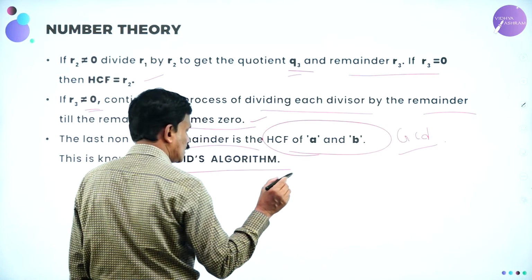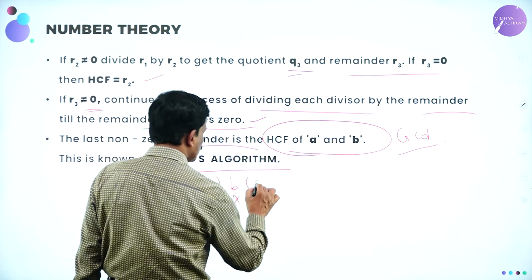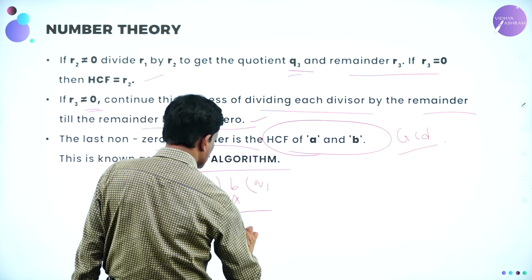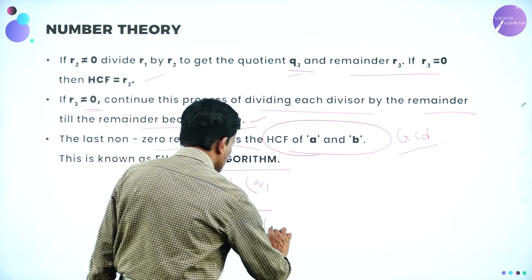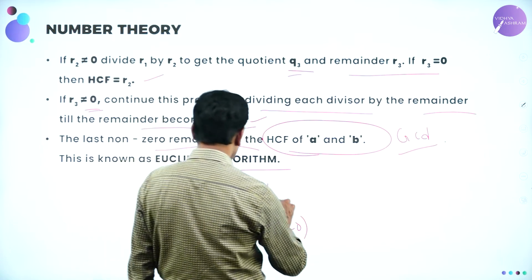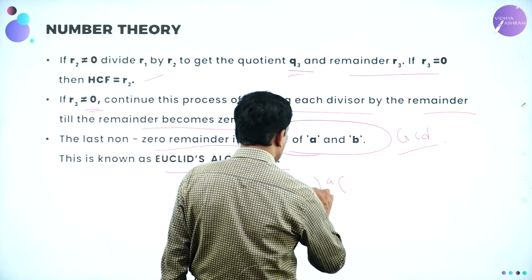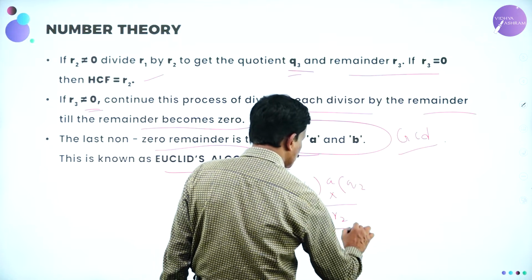So in general, if you divide B by A, you get Q1 as the quotient and R1 as the remainder. If R1 is not equal to 0, then divide A by R1, and you will get Q2 as the quotient and R2 as the remainder.